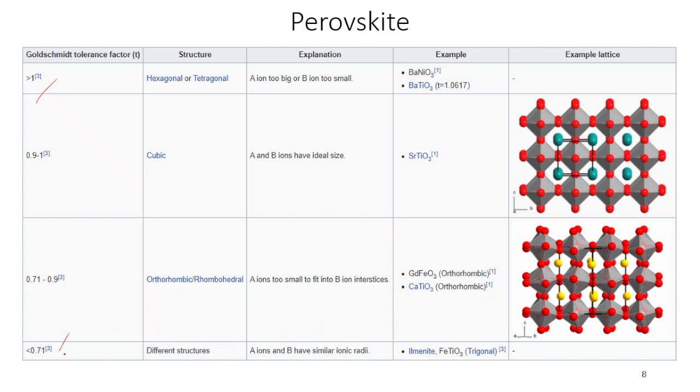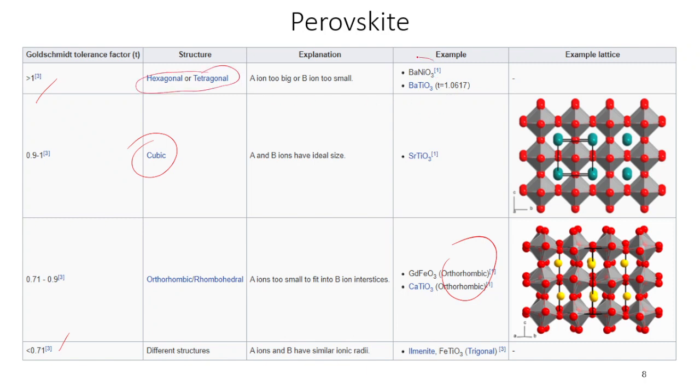If it's around 0.71, it means it is a trigonal structure. If it is 0.71 to 0.9, it is orthorhombic. If it is 0.9 to 1, it is cubic. And 1 and above means it will be either a hexagonal or tetragonal perovskite structure.